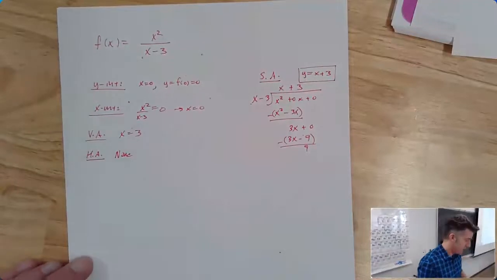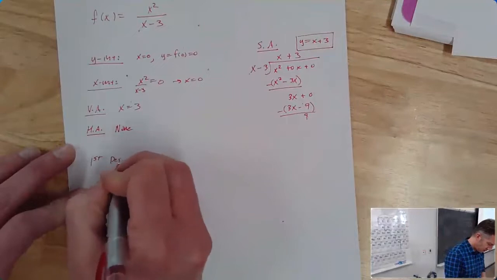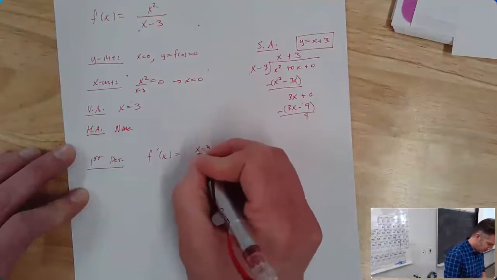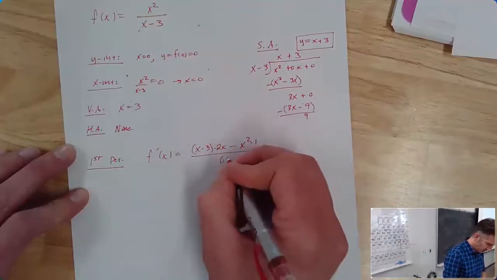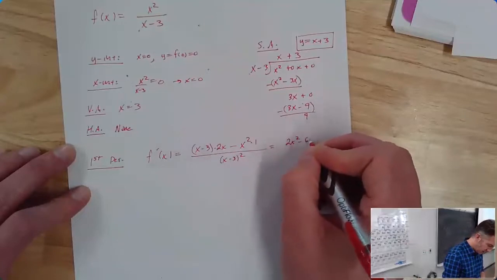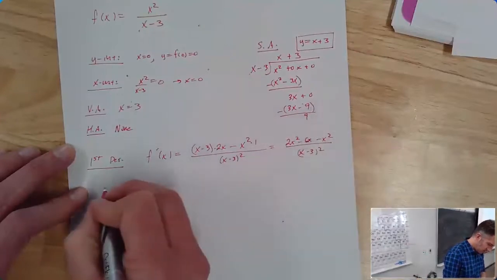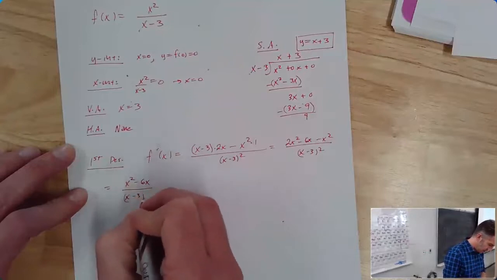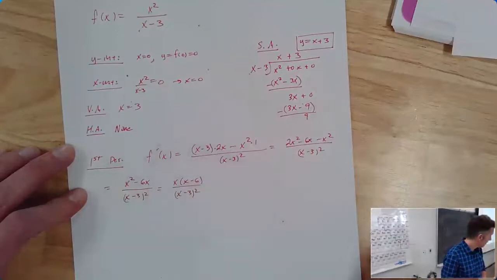Cool. Then we start doing all the first derivative stuff. The first derivative, we're going to find f prime of x equal to the bottom times the derivative of the top minus the top times the derivative of the bottom over the bottom squared, which ends up being 2x squared minus 6x minus x squared over x minus 3 squared, which simplifies to x squared minus 6x over x minus 3 squared, or x times x minus 6 over x minus 3 squared.